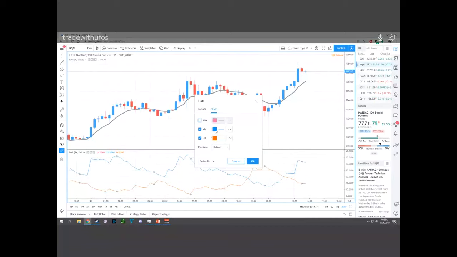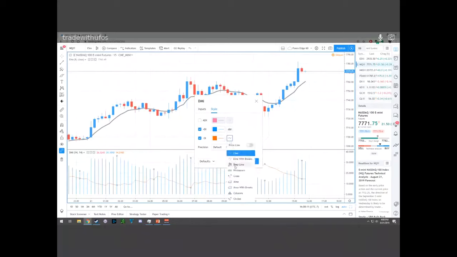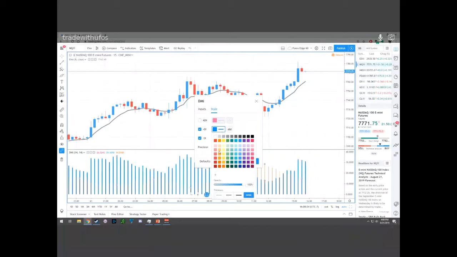So real quick, let's change this first to be a histogram, and we'll do the same for the bottom, and I'll explain why in a bit. And finally, we want to increase the size of those candles of the histogram, so we'll make it thicker. And for this negative DMI, I will make it pink, just to stand out a little more.